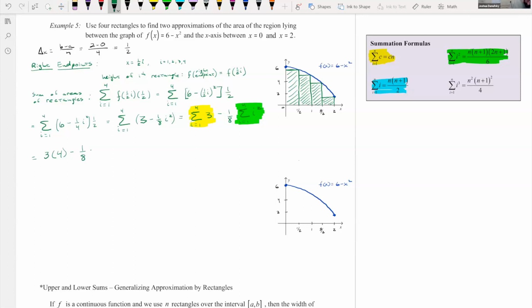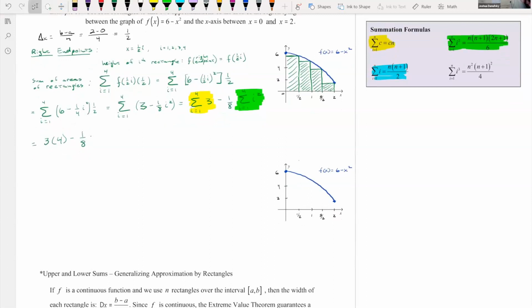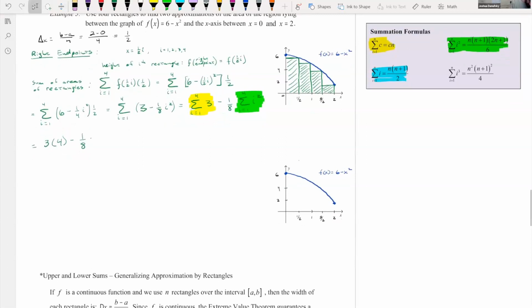So we're going to take the green formula there in the upper right-hand corner of your screen, and we're going to put 4 in for every n. So we're going to have 4 times 4 plus 1 times 2 times 4 plus 1 all over 6. Simplifying that, we have 12 minus, we have a 1/8 here, times 4 times 5 times 9 over 6.